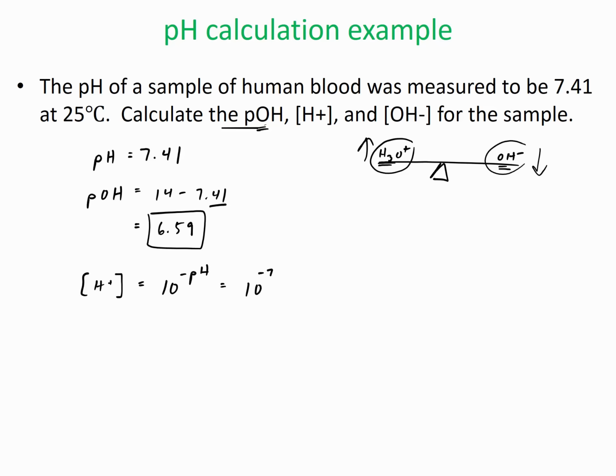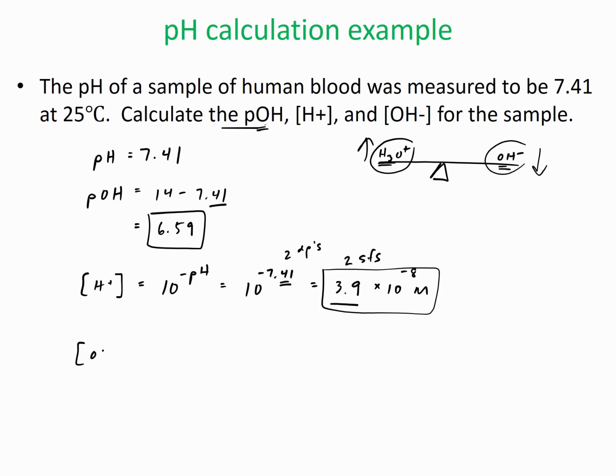So it would be 10 to the negative 7.41. And since I have 2 decimal places, my answer should have 2 sig figs. So I get 3.9 times 10 to the negative 8 molar. So this is 2 sig figs because I had 2 decimal places. Okay, so that's that answer.